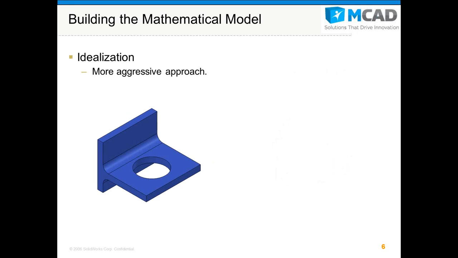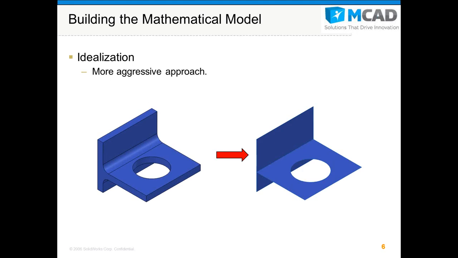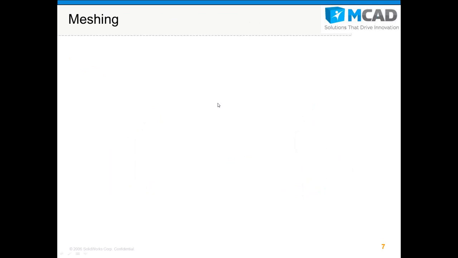Another approach, a little bit more aggressive, would be to maybe go from a solid to a surface, and you can kind of see that here in this example. And we'll talk about this here in a second, what this means for an analysis.